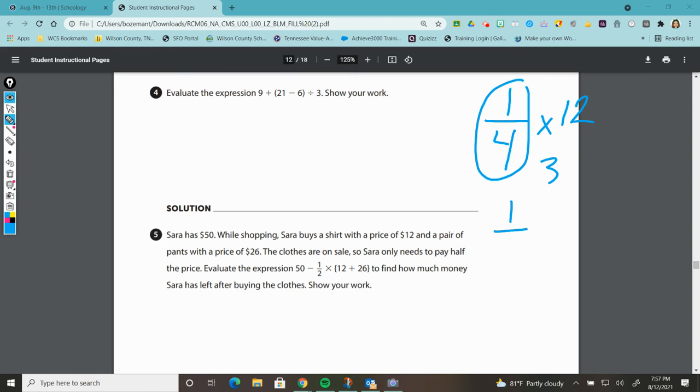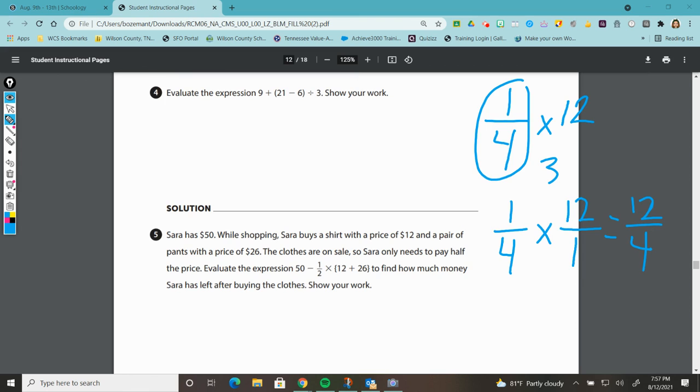Other people, it makes more sense for them to say 1/4 times 12 and then to make 12 into a fraction. If you would like to change a whole number into a fraction, you simply put it over 1, so 1 goes on the bottom. Then you would multiply across the top and then multiply across the bottom.